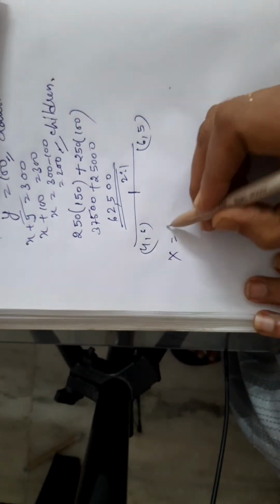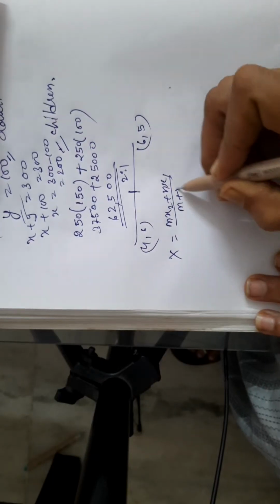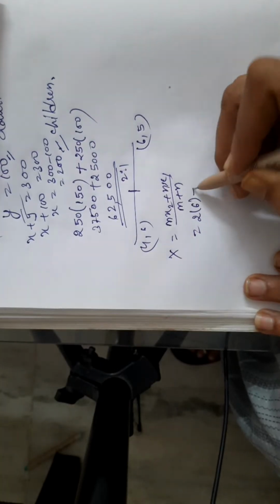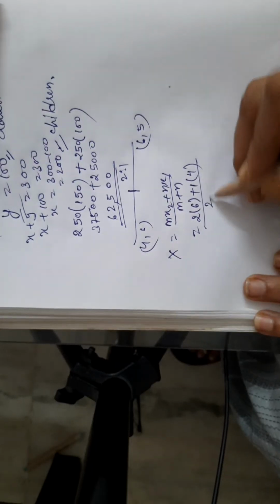Capital X is mx2 plus nx1 upon m plus n. Here m is 2, x2 is 6, n is 1, x1 is 4. Then 2 plus 1.